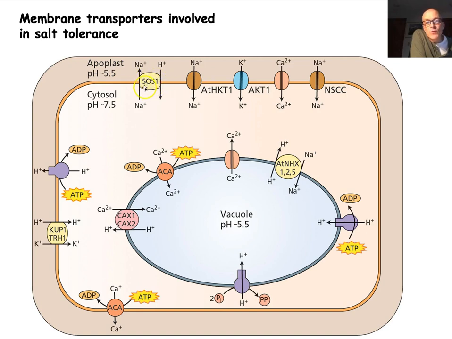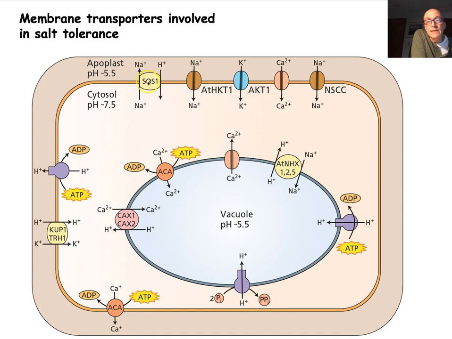The reason why it's called SOS1 is because that was a gene that was found in a mutant that didn't have this protein, and so that plant was particularly sensitive to salt, right? It couldn't do this sodium pumping out of the membrane.